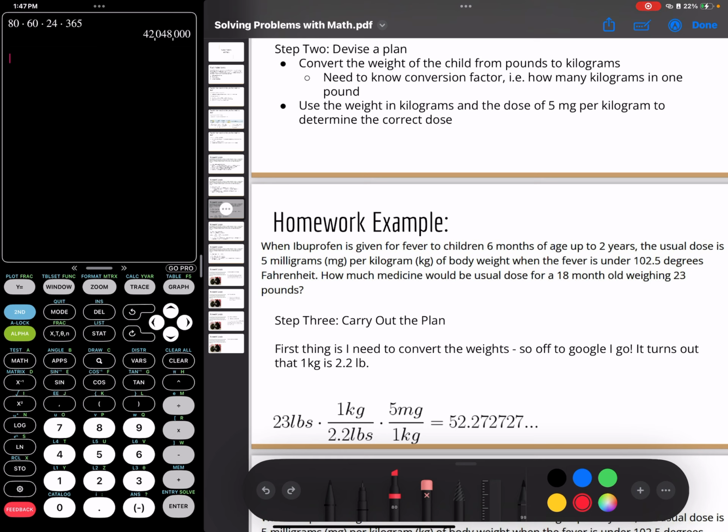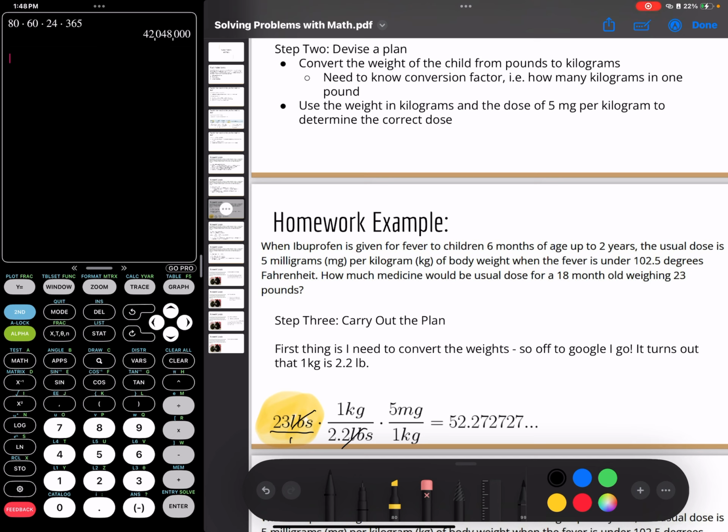So here it turns out that I have a conversion factor. 1 kilogram is about 2.2 pounds. And so I'm using dimensional analysis here. I know the weight of the child is 23 pounds. You can look at this as over an invisible denominator of 1. And I know that 1 kilogram is about 2.2 pounds. So here pounds and pounds will cancel.